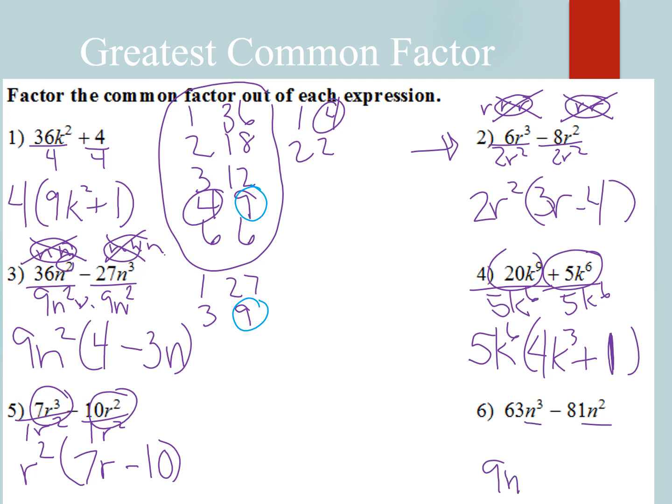They have 2 in common, so n squared there, okay? So parentheses there, and I'm going to divide by that 9n squared on both terms. So 63 divided by 9 is 7. 3 n's, take 2 out, is 1, so there's 1 left, minus 81 divided by 9 is 9, and there were 2 n's and I'm taking 2 out, so there are no n's left. So that is my final answer for number 6.